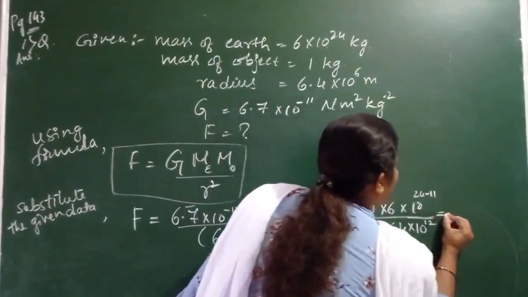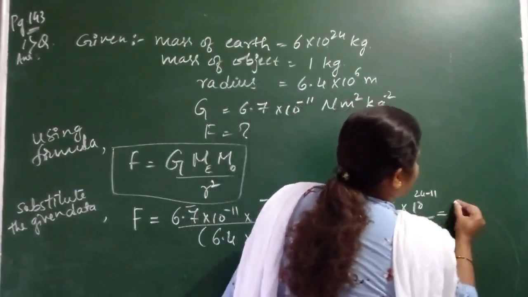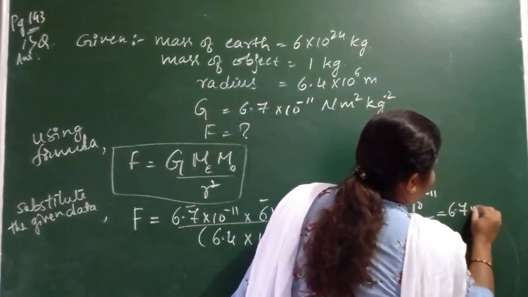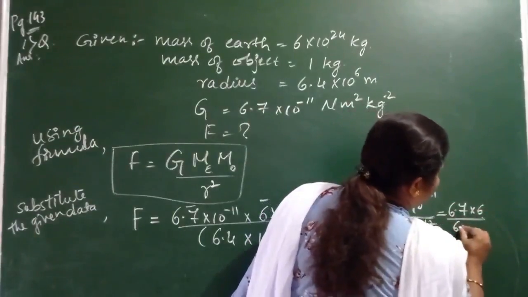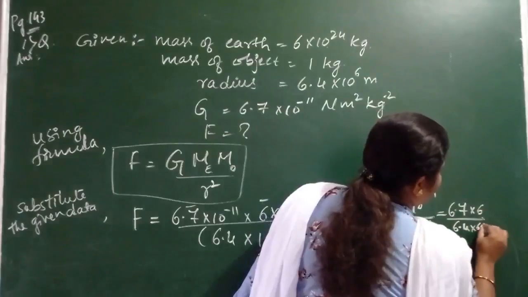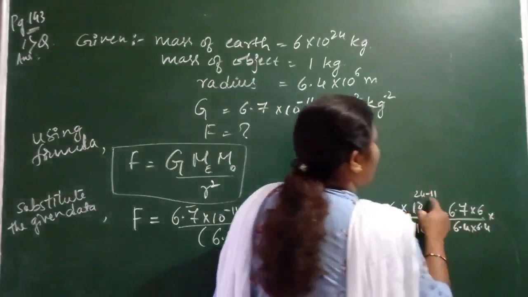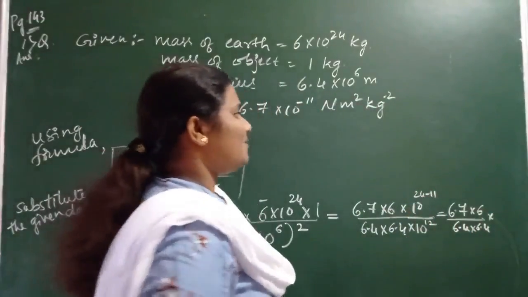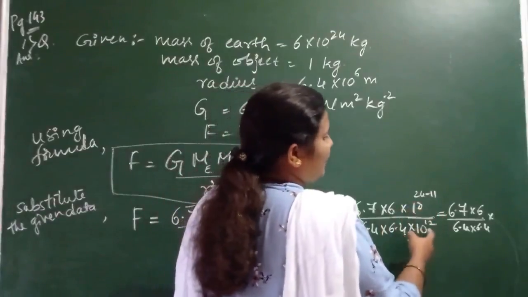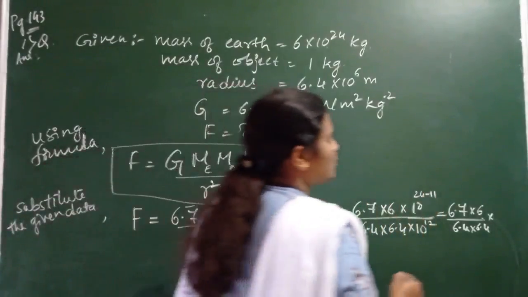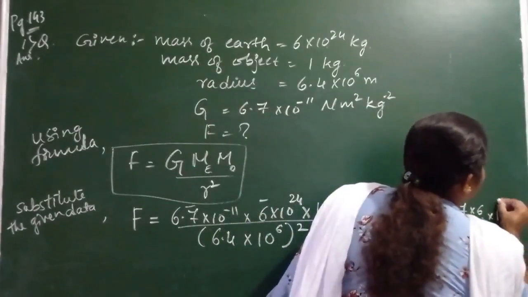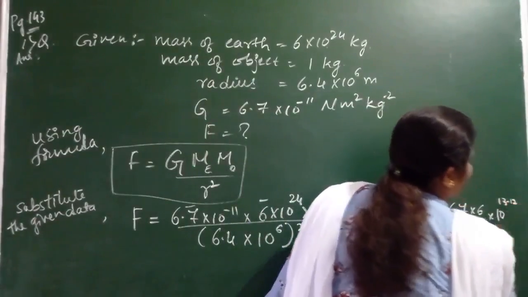So this is equal to 6.7 into 6 divided by 6.4 into 6.4, into 10 to the power of 24 minus 11, which is 13. Then 13 minus 12, as 10 to the power of 12 goes to the numerator, it becomes minus. So 10 to the power of 13 minus 12.